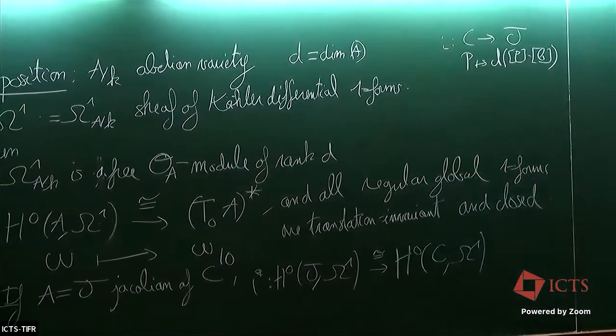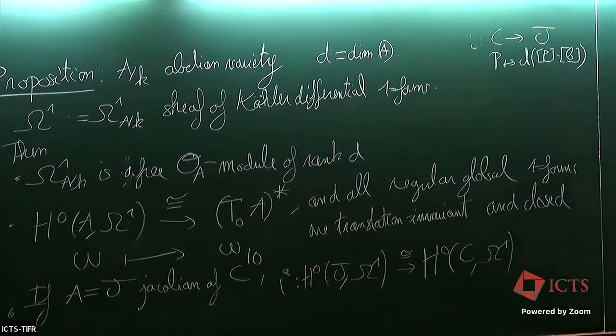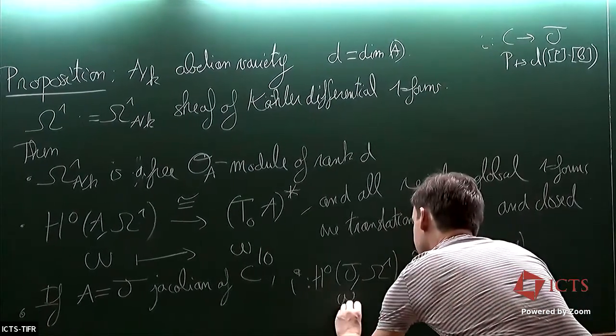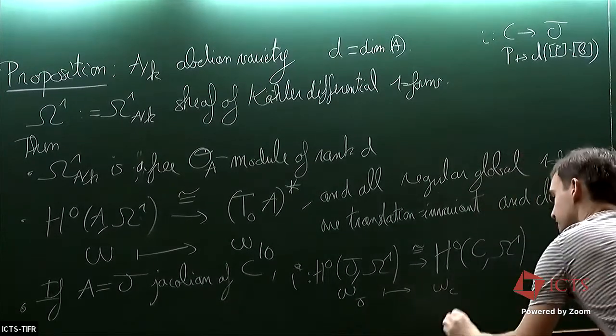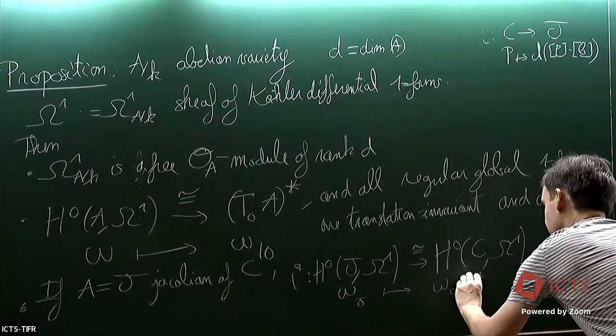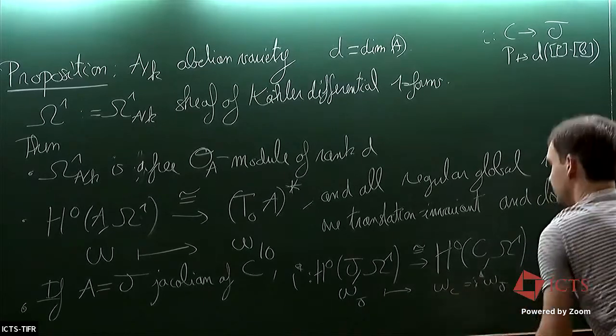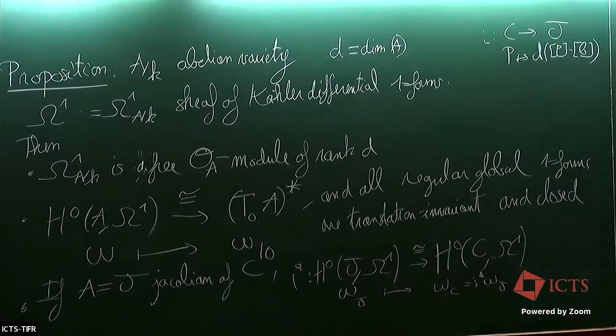Okay. So now it means I can see any form omega, let's call it omega J here, as a form over C, which I could say is iota star omega J. So in my perception now, it's almost more convenient to think about some sort of abstract space of one forms.